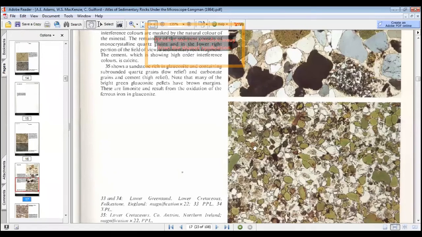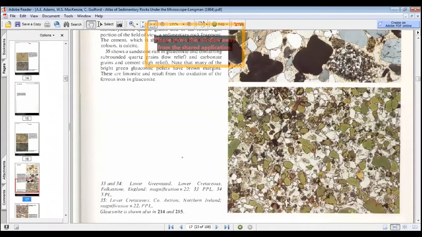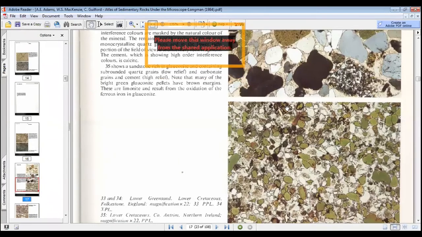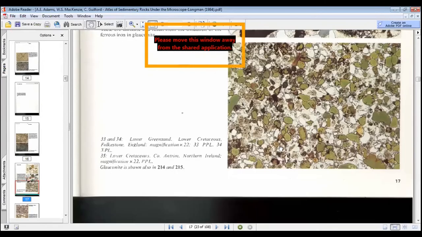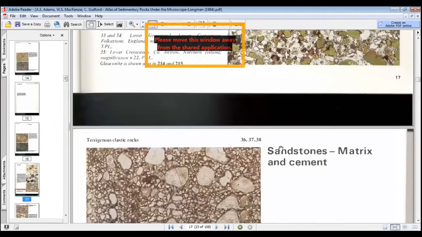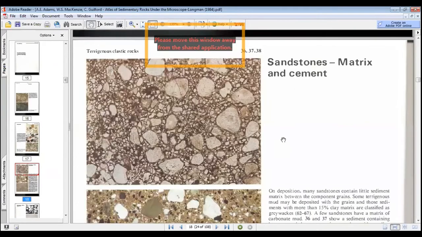Even in glauconite you can see some sort of rim cements if you look closely. According to the author, these are limonite minerals, the minerals that grow on the margins of the glauconite. So you see how much variety we can expect from a sandstone.